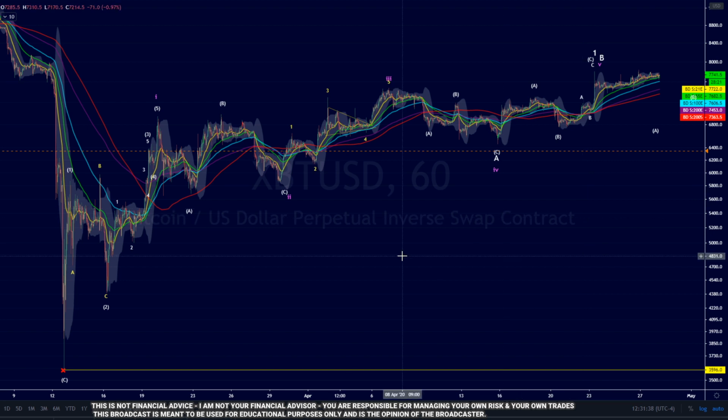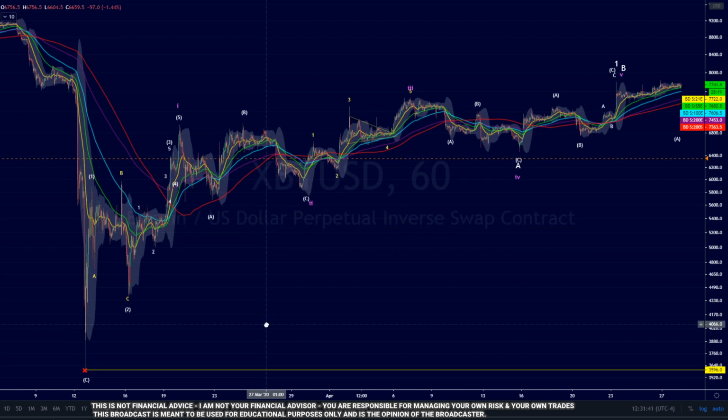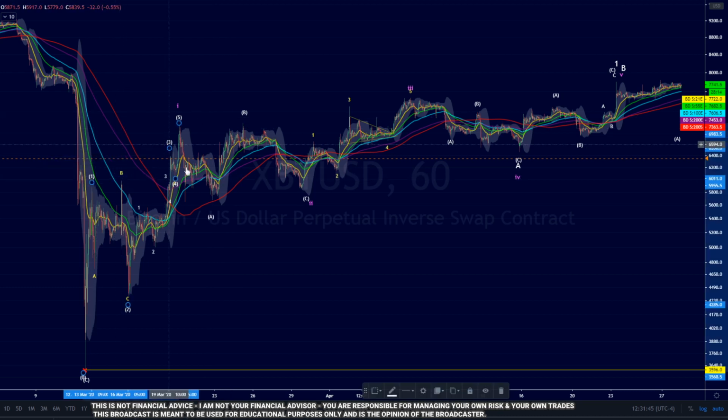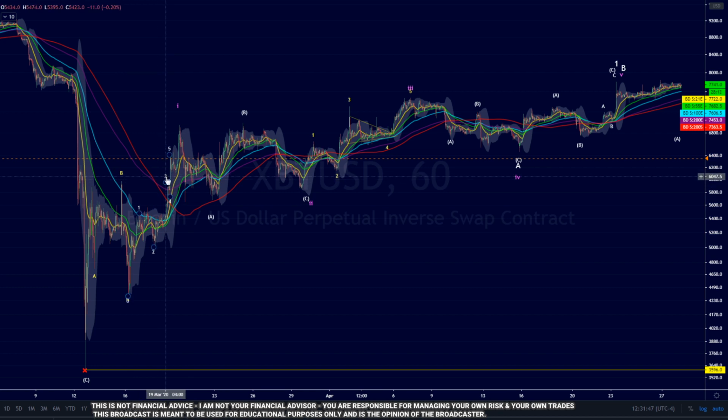A lot of this is looking okay, but let me go ahead and remove this one here and this one right here as well. So what I think I'm seeing here is an extended one wave.